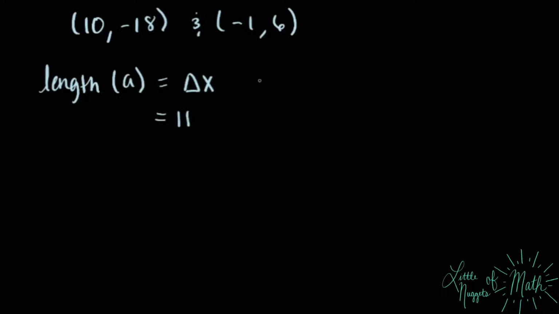The same thing for the height, which we have been calling b. We can find that by using the change of y, the difference between the y coordinates. If we count the spaces from -18 to 6, we would get 24 spaces.